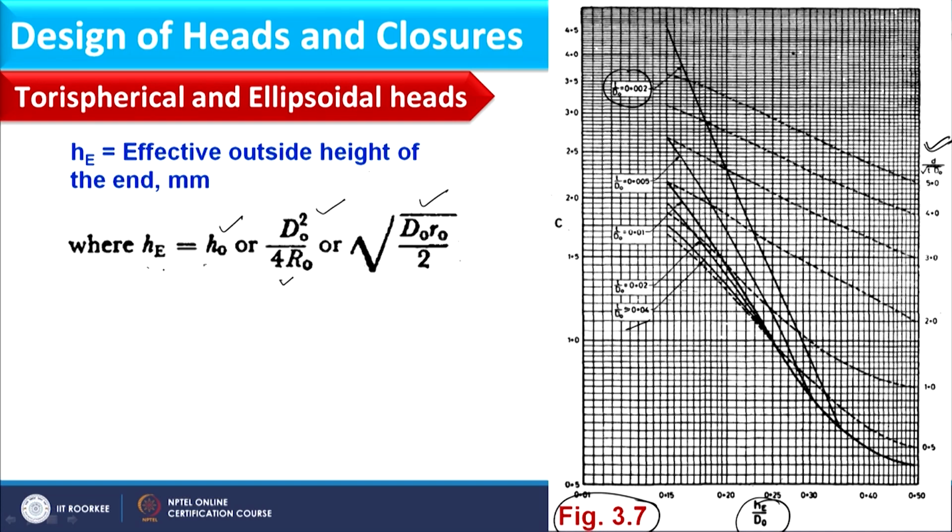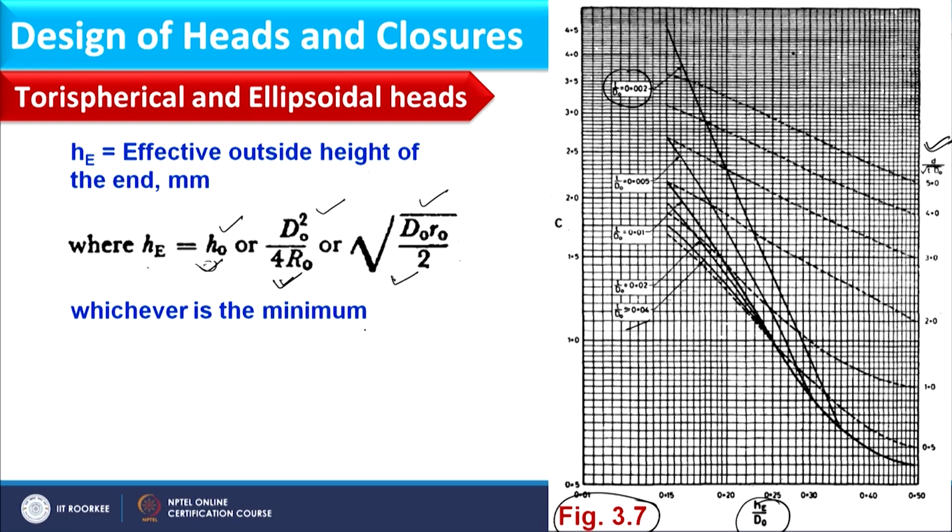So, to compute He we need to find H naught, we need to find this expression and this expression, and whichever is minimum among these three, that I need to take as the He value.